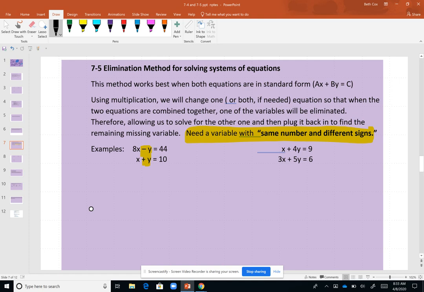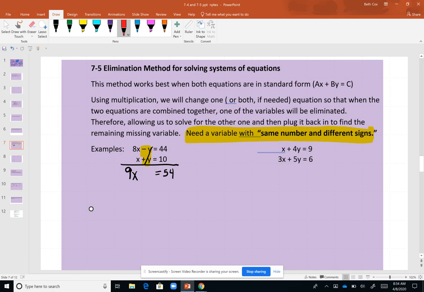So I'm going to add these two equations together, and I'm going to get 9x plus 0, because those cancel, equals 54. Technically I don't need that 0, so I'm going to erase it. So I have 9x is equal to 54.